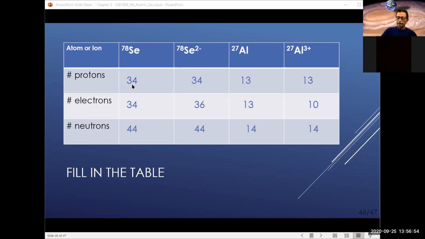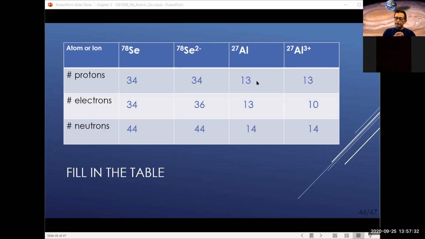And so selenium, or the selenium ion, will have 34 protons. The same is true for the aluminum atom and the aluminum ion. We have not done anything to change the number of protons, nor have we done anything to change the number of neutrons. So selenium 78, either as an element or an ion, still maintains 44 neutrons. Aluminum, also true, still maintains, in this case, 14 neutrons.